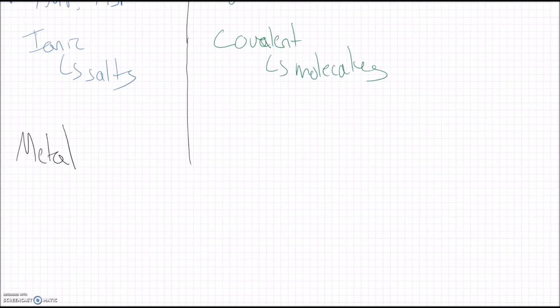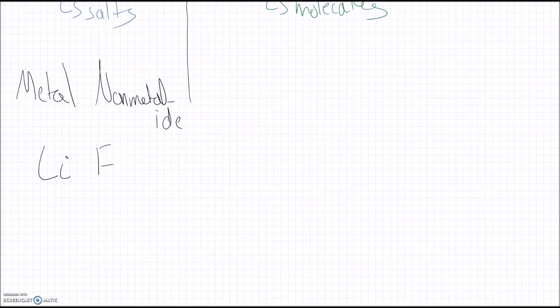Then you take the name of the nonmetal and you add the suffix -ide. For example, if it was lithium and fluorine, you would call that lithium fluoride.